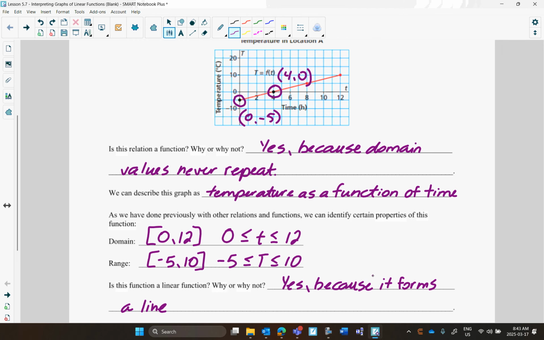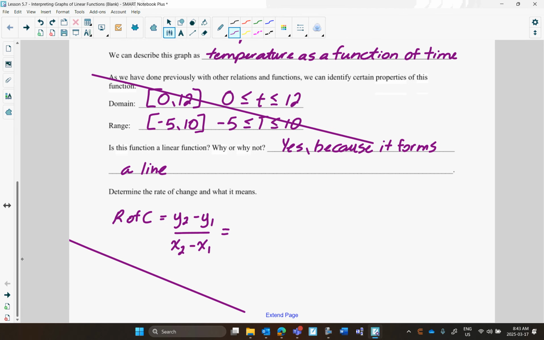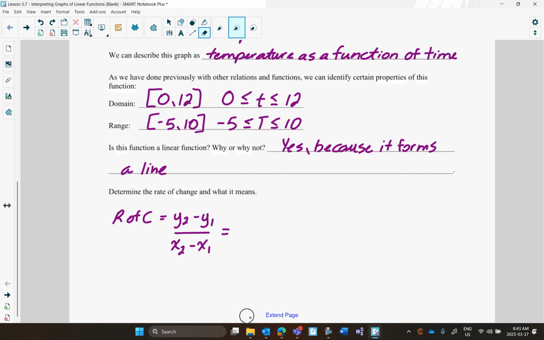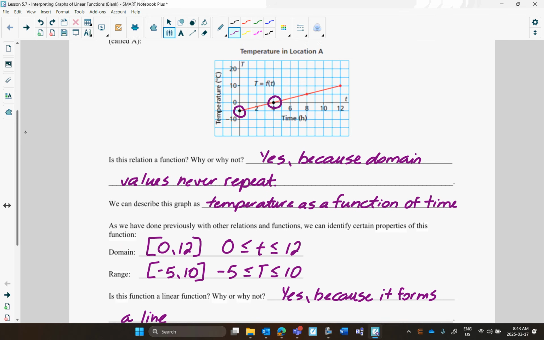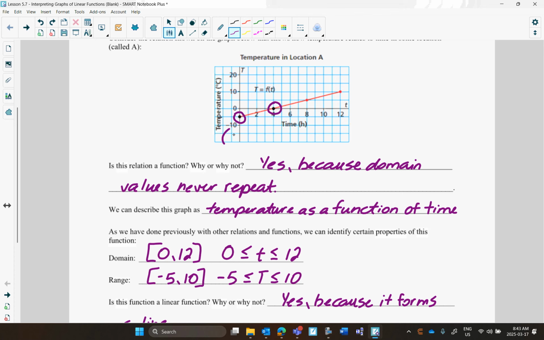So I'm going to go 0, subtract -5. Okay. 0, subtract -5, which becomes +5, over 4 minus 0.